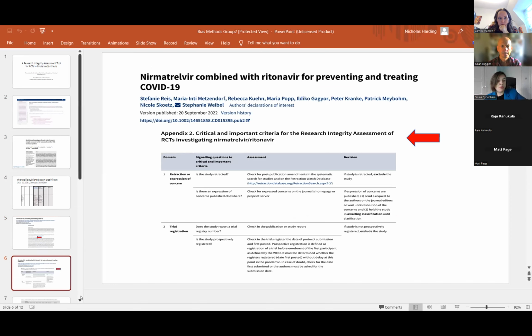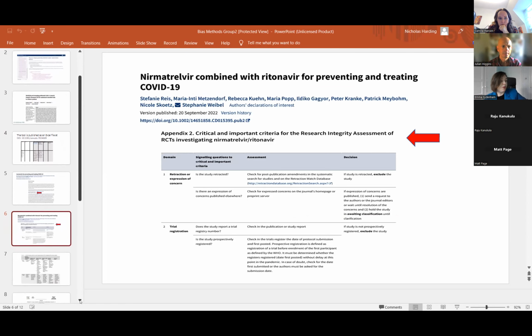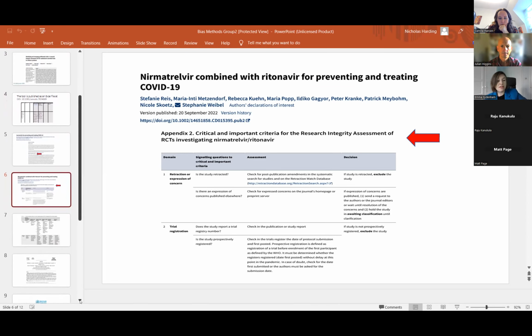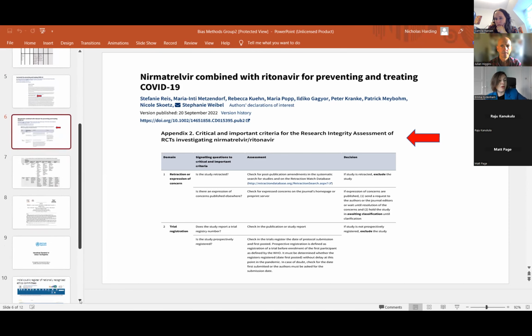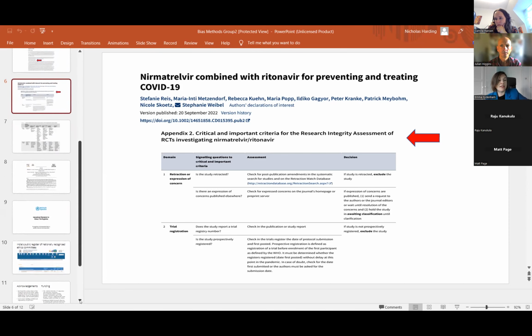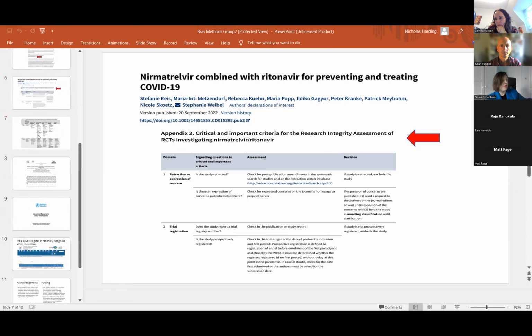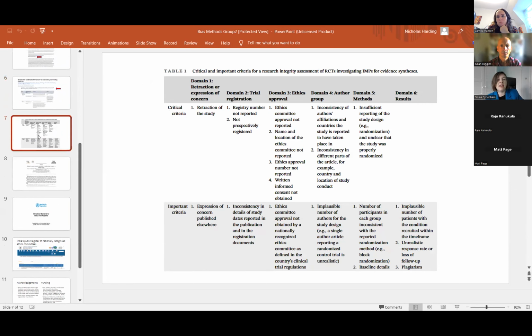So I'm just going to briefly describe the tool, but I wanted to be clear that this tool is only suitable for use where the studies were fairly recently conducted and where they should have been registered in a trials registry. So this tool is not suitable for trials done in the 1960s or even the 1990s.